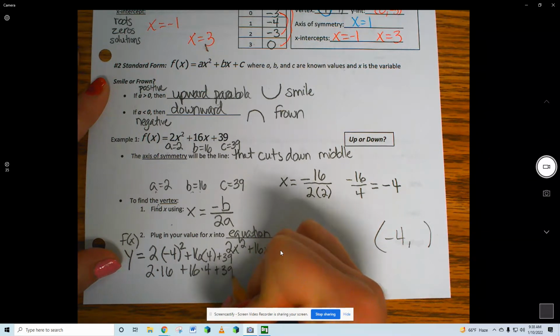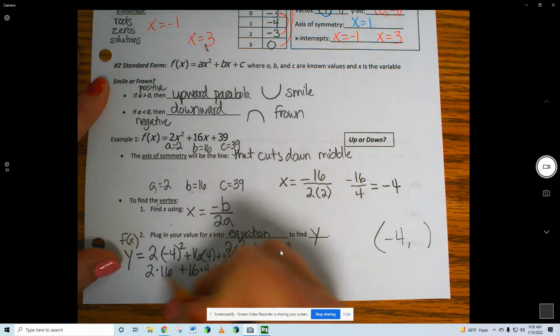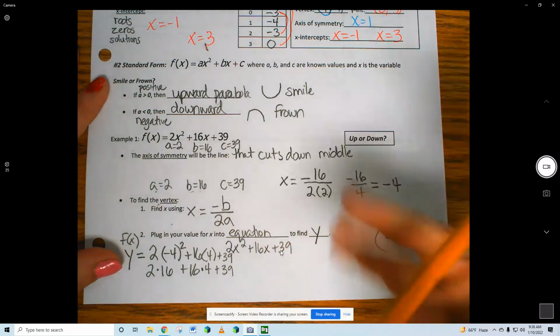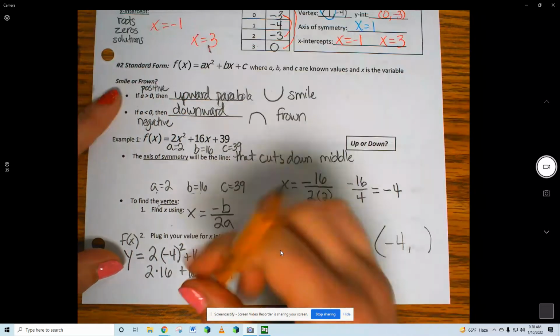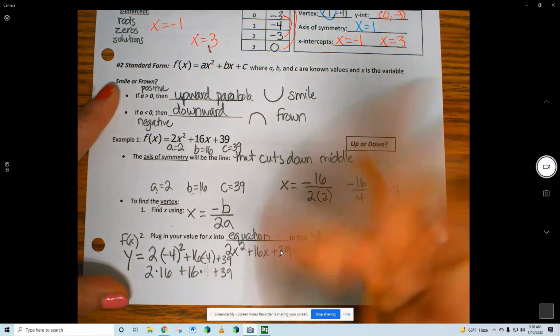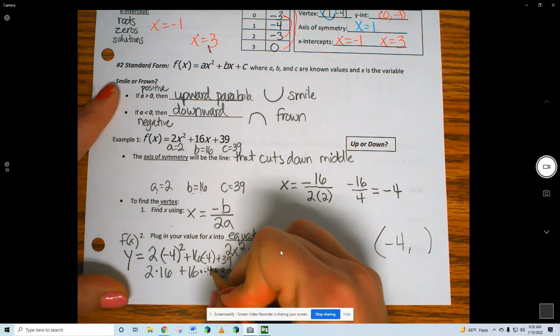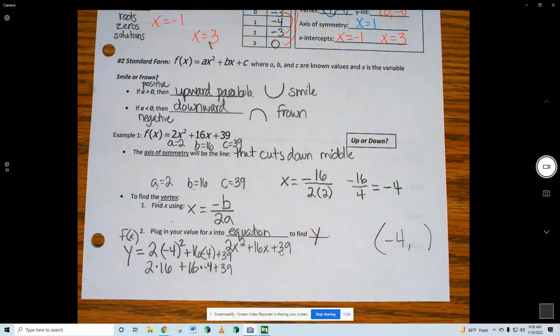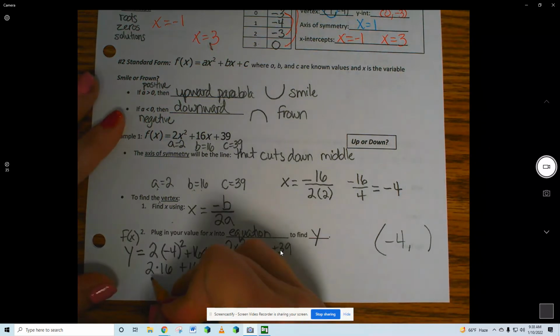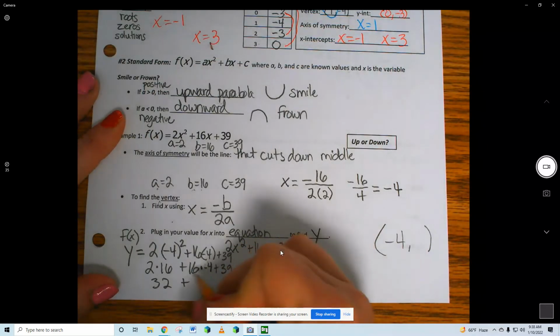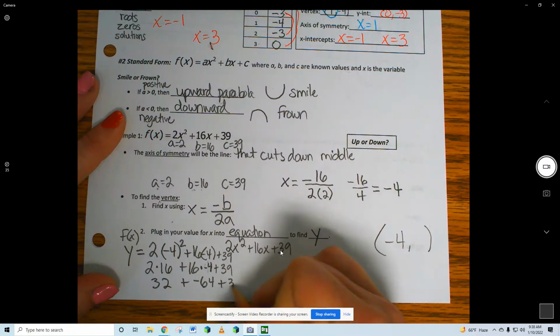Oh, right. Oh, my gosh. Thank you for not letting me make that mistake. 2 times 16, that's 32, plus 16 times negative 4 is negative 64, plus 39.